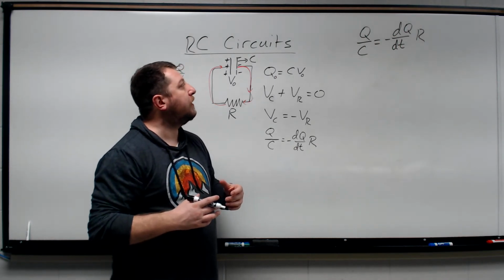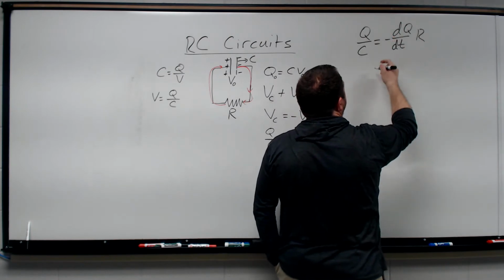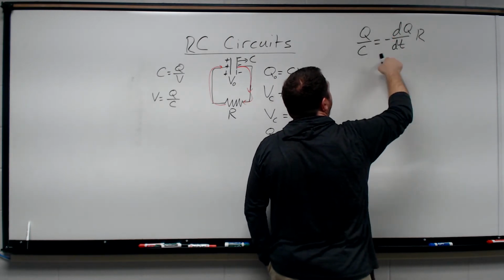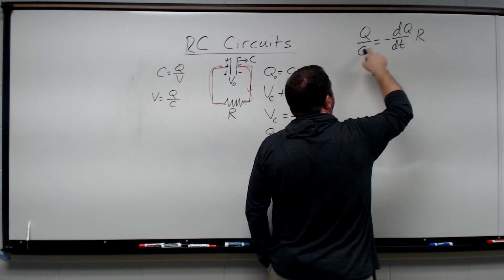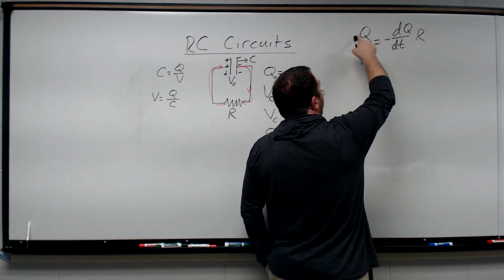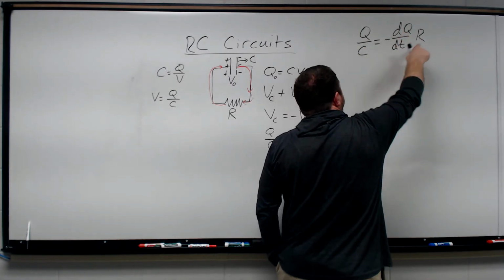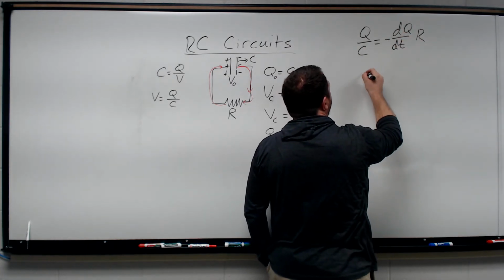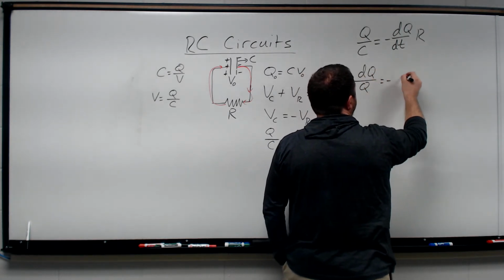So with that in mind, I'm going to multiply dt up on this side, and I'm going to divide by r, and I'm going to divide by q to get my q's together, and the result of all of that is this.